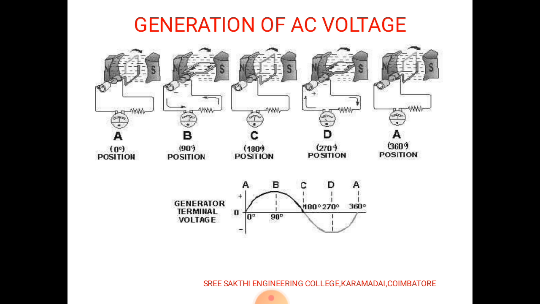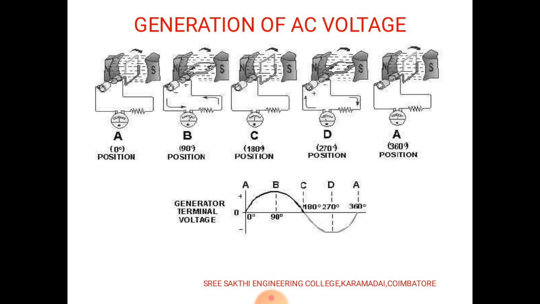Next one is generation of AC voltage. The figure shows the movement of the coil, where the coil is moving from position A, that is A, B, C, D and again A in a circular motion.